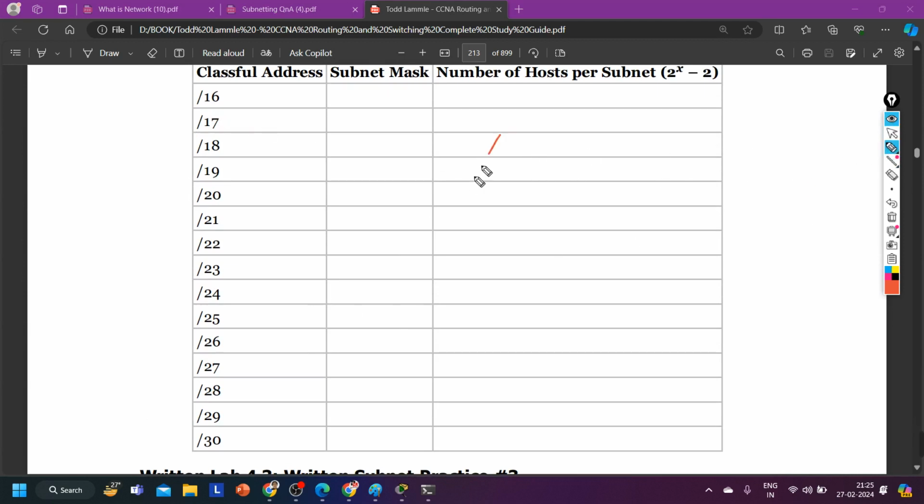Let's say your IP address is 10.10.10.10. If the slash value is 8, you will know that this is not a subnetted network. Except for 8, if there is anything like 10.10.10.9, that means it is a subnetted address.